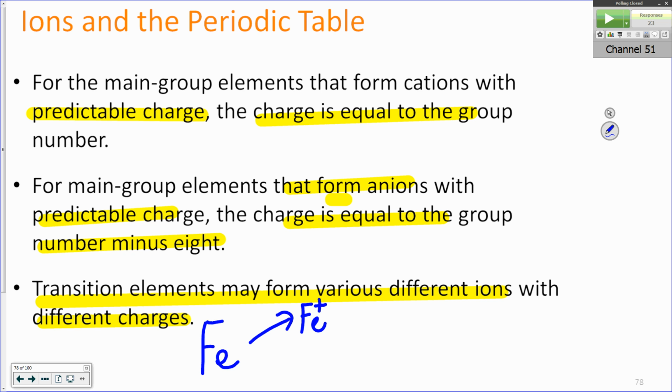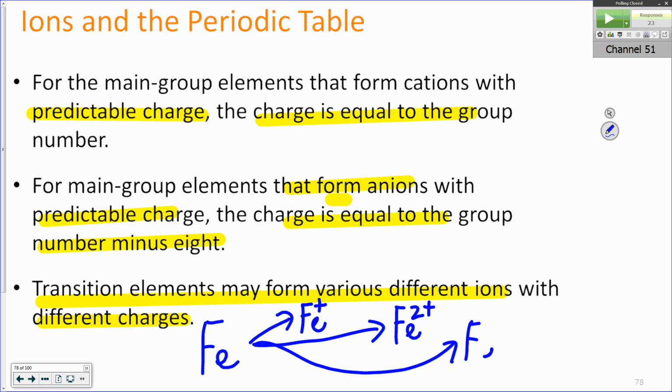More commonly, you'll find iron reacting with something like oxygen to form a +2 cation. It loses 2 electrons. But about as probable, you'll find some iron that reacts to form +3. And typically when you see rust, iron oxide, on something, it's a mixture of these two. It's not one or the other, it's a mixture of the two.